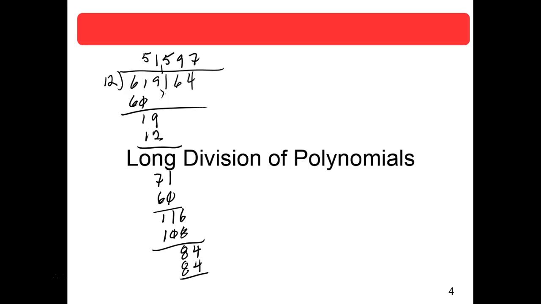If you have a remainder of 0, that tells you 12 and 51,597 are both factors of 619,164. They are exact factors. It divides into an exact number of times. If you had a remainder, that means they're not factors. So this one, they are factors. Y'all are really good at your long division.